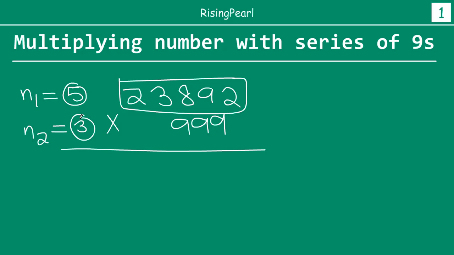In other words, this is the example where the number of digits in the random number is not less, not equal to, but more than the number of digits in the nines. So in this video we are going to focus on these types of examples. How do we do these multiplications, right?